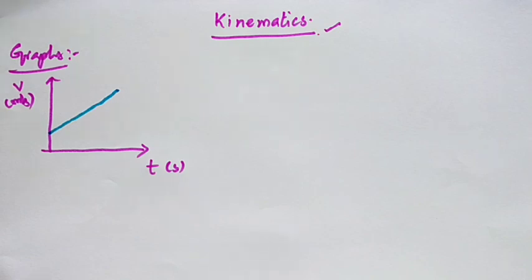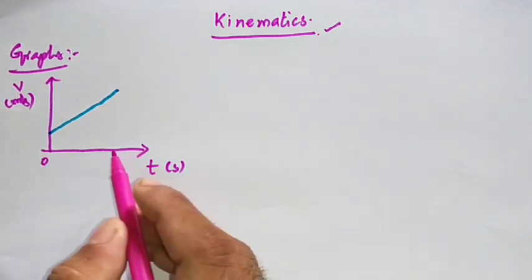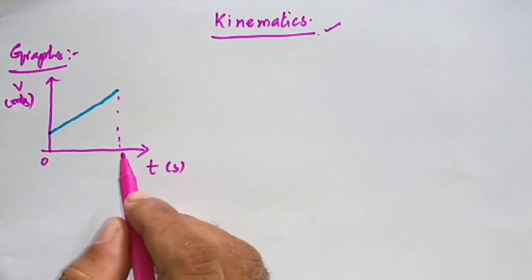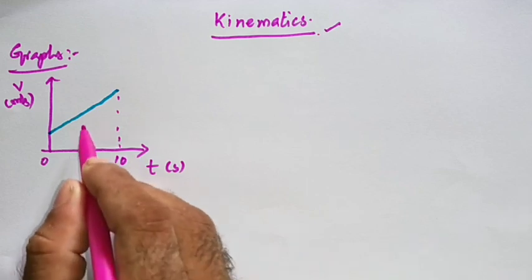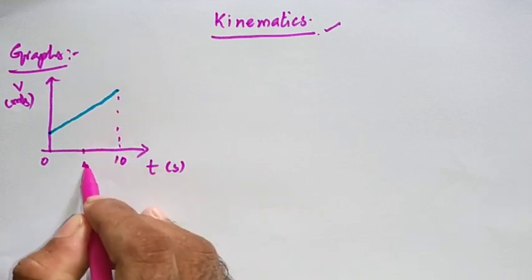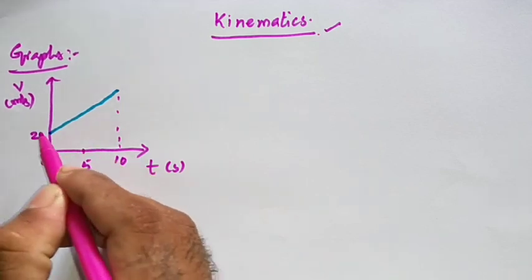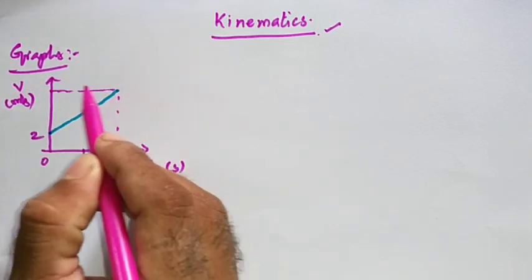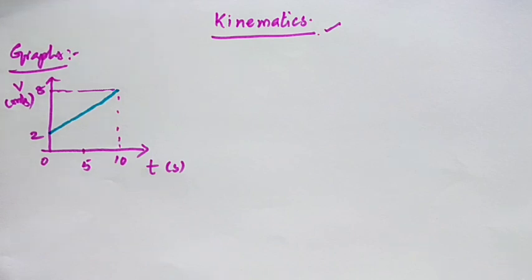Now this is 0 and this value is 10 and somewhere this value is 5, and this is 2 meters per second and this value is 8 meters per second. Okay, this is the graph.